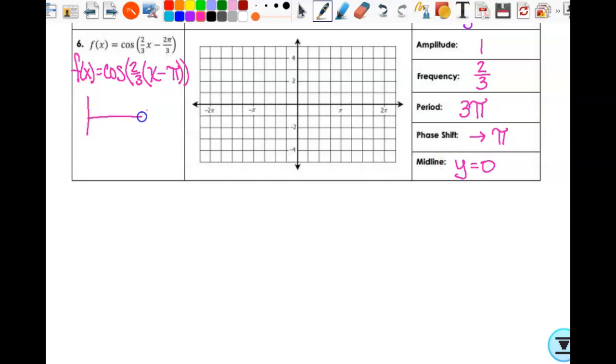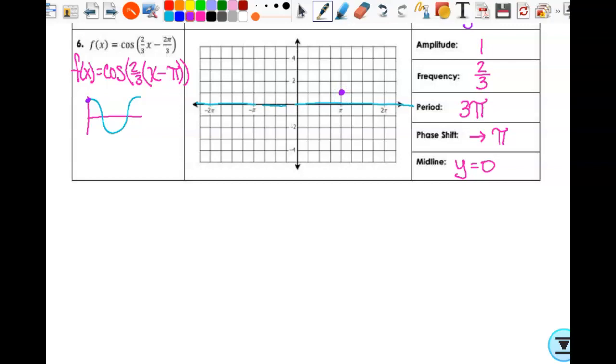So this is cosine. Here's my parent function. Here's my midline. So I start from the midline on the y-axis up whatever the amplitude is. That's where I start. So I'm on the y-axis up 1, but then I'm supposed to go to the right pi. So there's my first point.